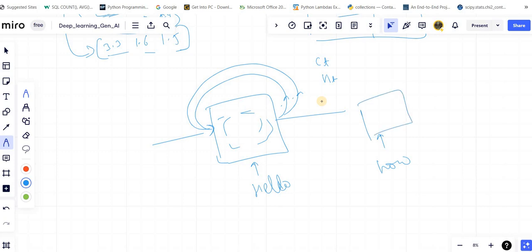This is the same architecture, I'm just building it here. Now for this, ct and ht are ct minus 1 and ht minus 1, because these are from the previous word, and we will get ct and ht again. This one will be the input for the word are, and so on, it will keep on moving. Now we only need to understand how this ct and ht are getting calculated. That's it, LSTM solved.